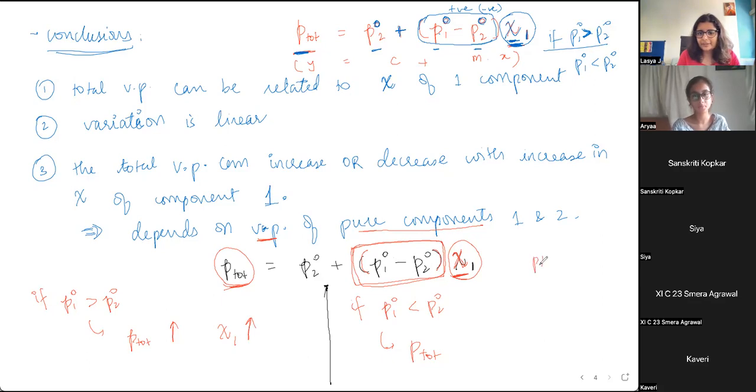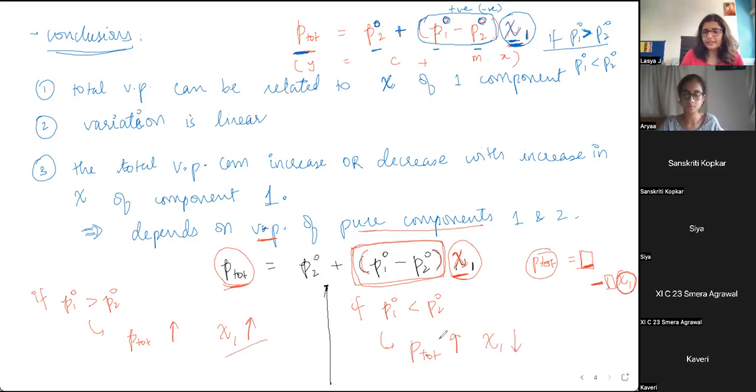So basically we have P total is equal to some positive value minus some number, the difference, times the mole fraction. So in this situation, as you keep increasing the mole fraction of this component, the value will keep decreasing.